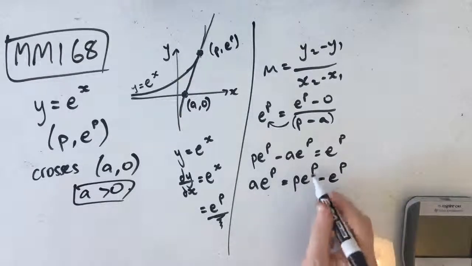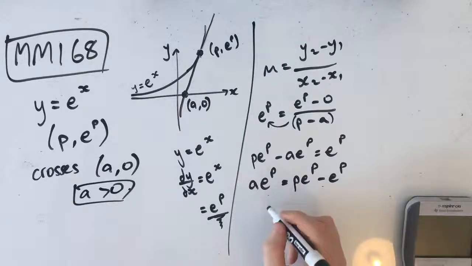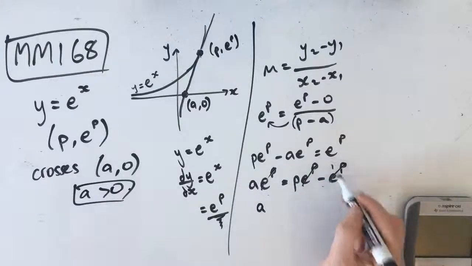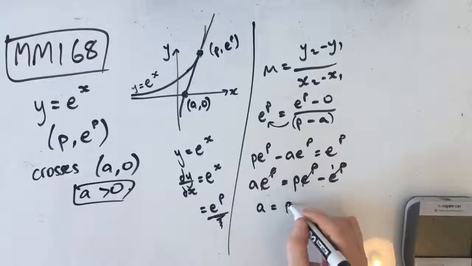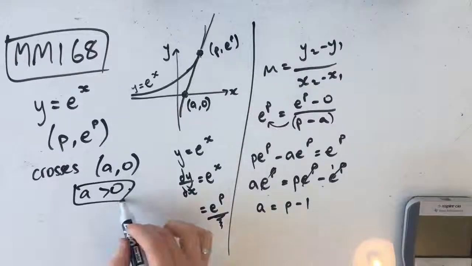Because we've got e to the power of p on each one of these, we're actually just going to divide everything by e to the power of p so that we can get rid of it. What happens there is that cancels, and that cancels to a 1, which means we get a equals p minus 1.